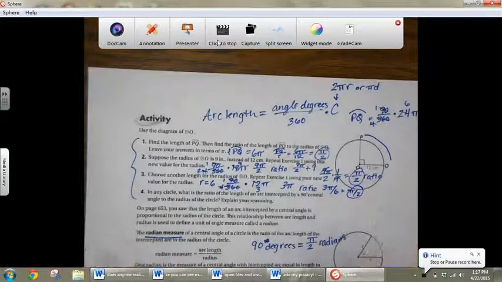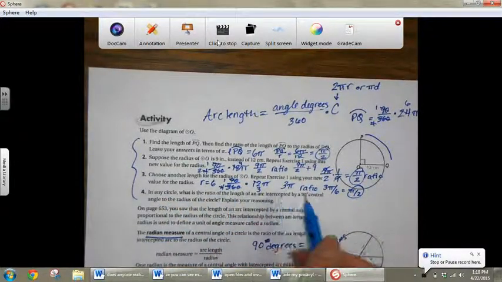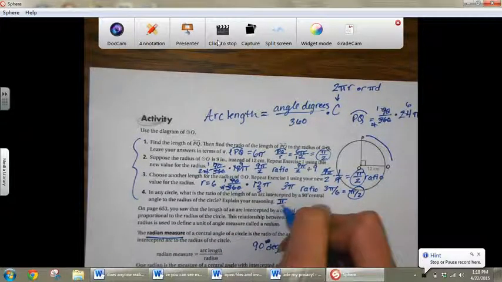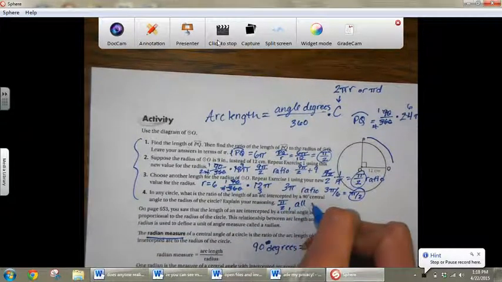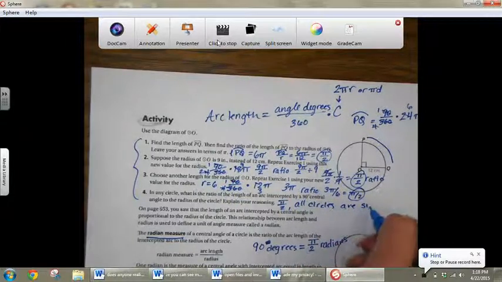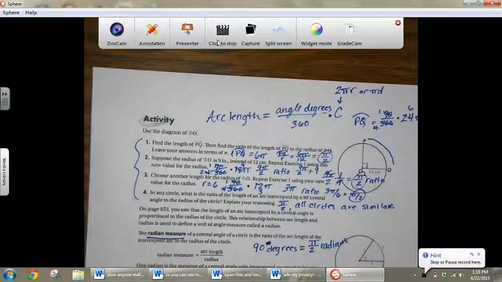So every single time, for any circle, the ratio of the length of the arc intercepted by 90 degrees to the radius will always be pi over 2. And this is because all circles are similar. So the radius will always end up having the same ratio with the arc length because you're comparing the linear part.